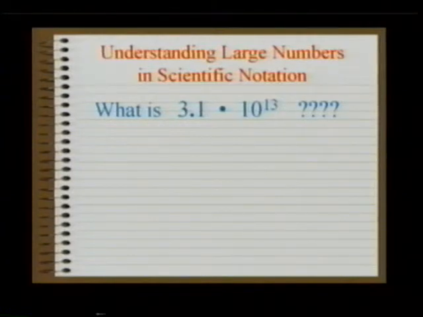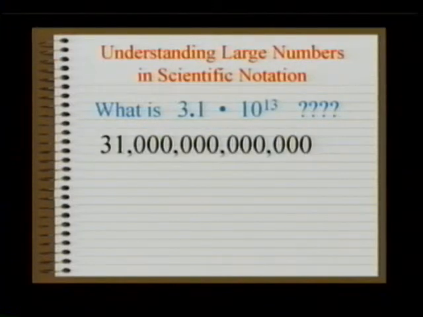Another way to write that, though inefficient, would be 31 followed by lots of zeros. I found the decimal spot for a number between 1 and 10, 3.1, counted over however many places it took to get back to its normal spot, and that was 13.